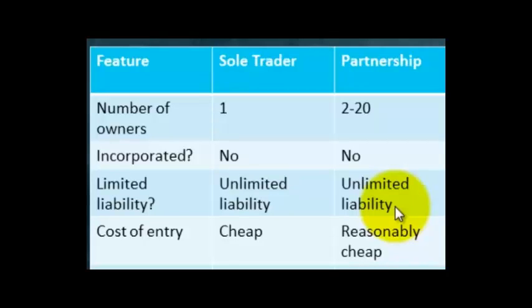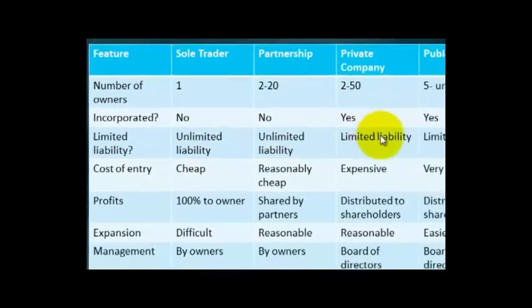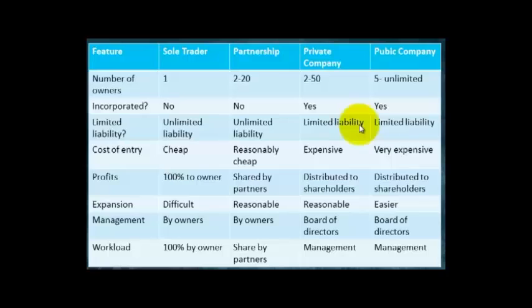So in an extreme situation, if the amounts are high, you may be forced to sell your own house or other assets in order to meet that shortfall. So that's the big downer for the sole traders and partnership. And for private and public companies, that's the big advantage.